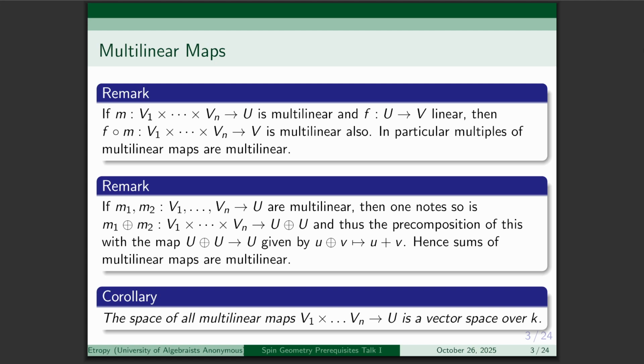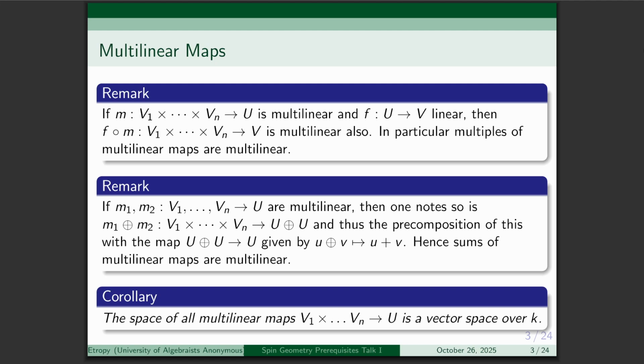Now, as a corollary of these two remarks, we see immediately that if we take the space of all multilinear maps on some given domain with some fixed codomain, we actually get a vector space.